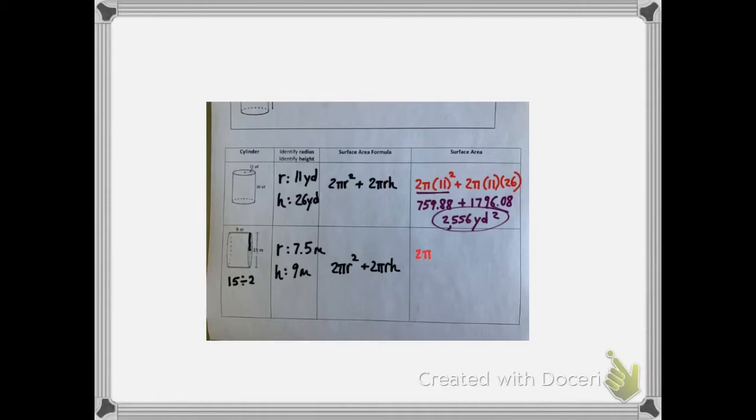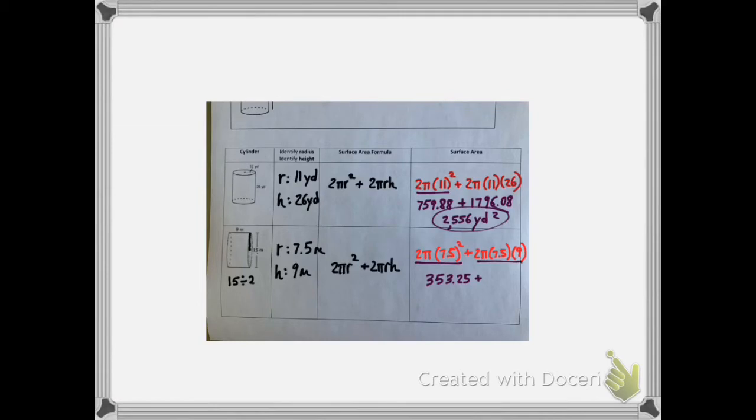2 pi, the radius is 7.5, and we're squaring that, plus 2 pi, the radius 7.5, and then the height, which is 9. All right, multiplying this first number together. 2 times 3.14 times 7.5 times 7.5 is 353.25.